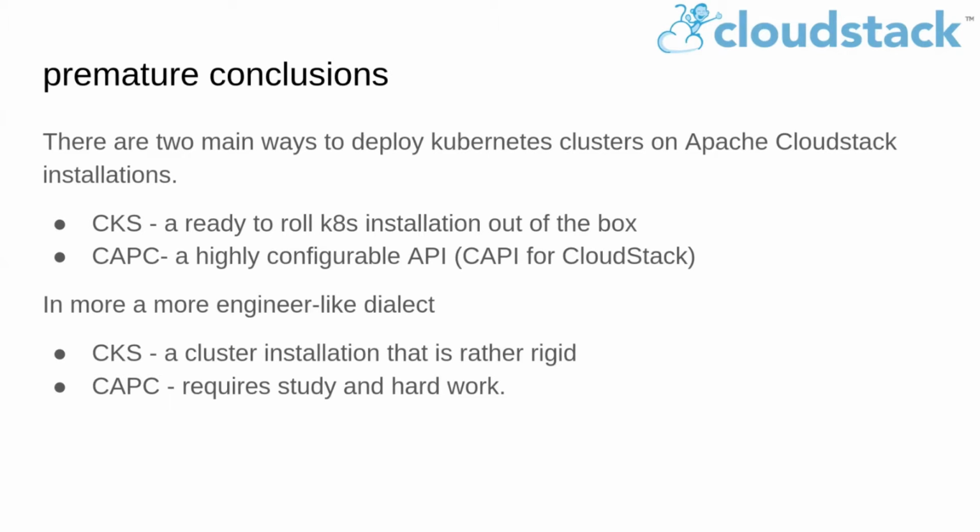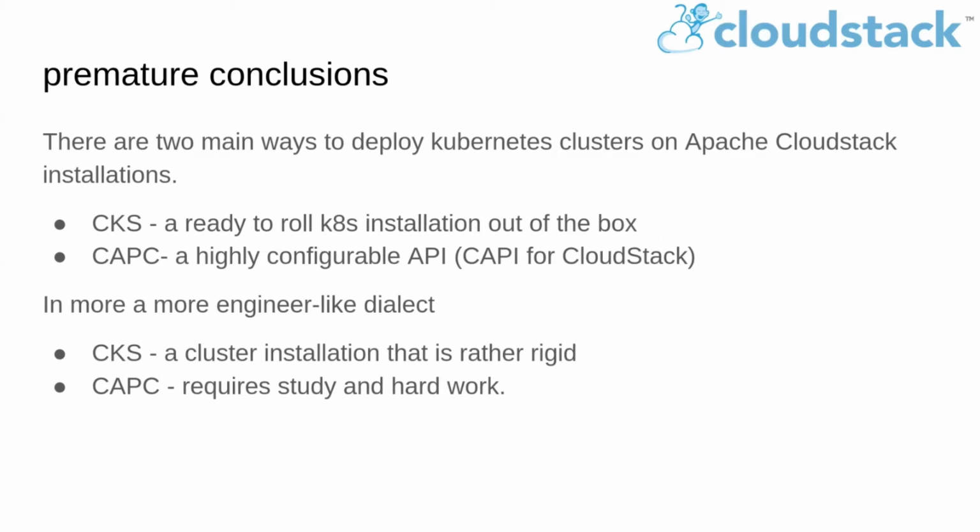So to give you a peek into the future, basically what you get is CKS is a press-of-the-button implementation of a Kubernetes cluster. And most of the work that you do will be inside the CloudStack UI. You just need a couple of extras like registering things from outside, looking in your web browser where to find them, and then you're done. CAPC is more of a client to CloudStack.